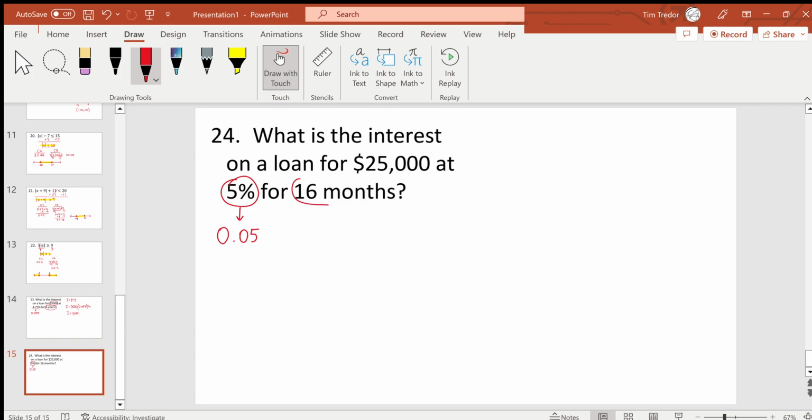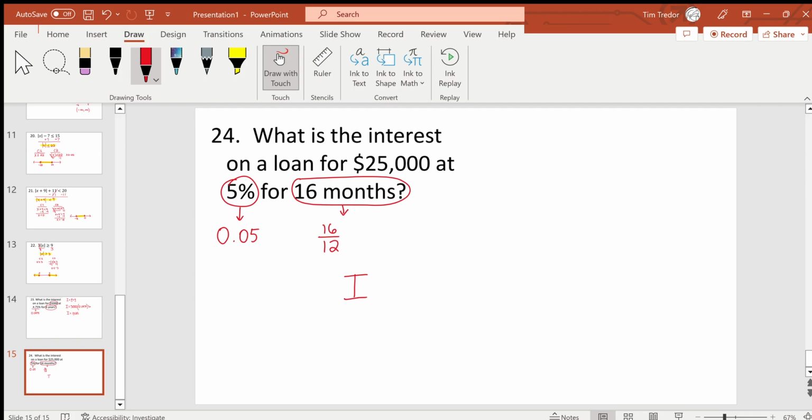I don't want to use the number 16 in my formula because my formula will assume that that's 16 years. So to convert to years, I'm just going to take the 16 and divide it by 12. 12 months in a year. So that is the number I will use for my years.